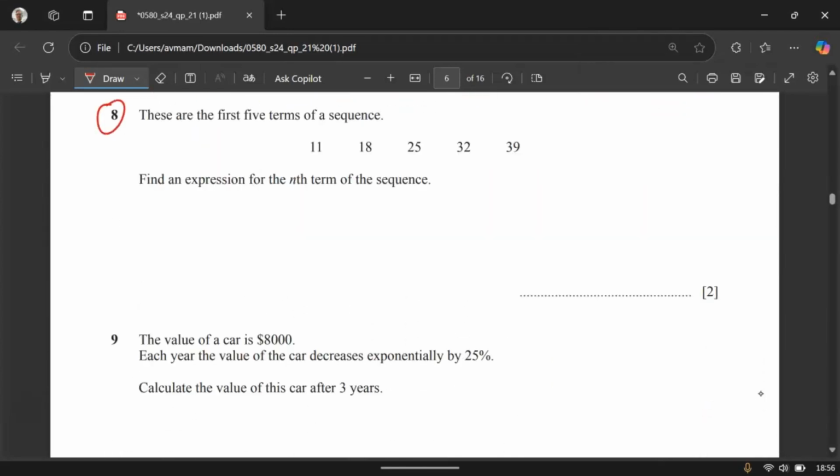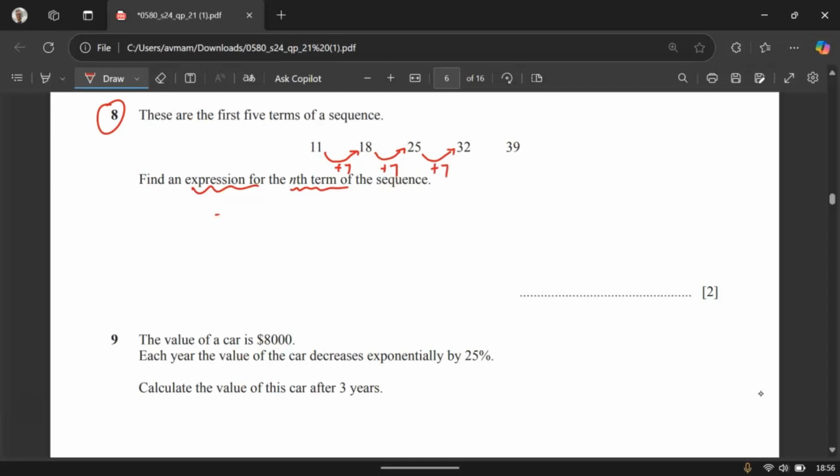Question number 8. These are the first 5 terms of a sequence, 11, 18, 25, and so on. Find an expression for the nth term of the sequence. First, let us find the term-to-term rule. From 11 to 18, we add 7. From 18 to 25, we add 7. From 25 to 32, we add 7.